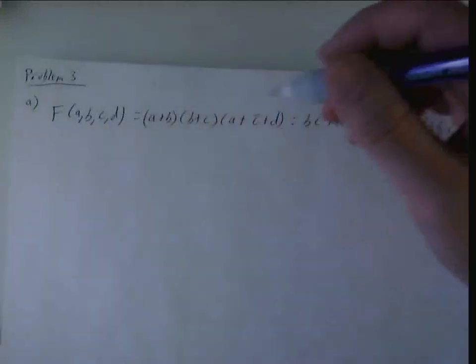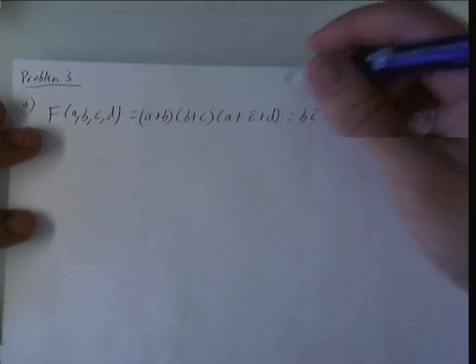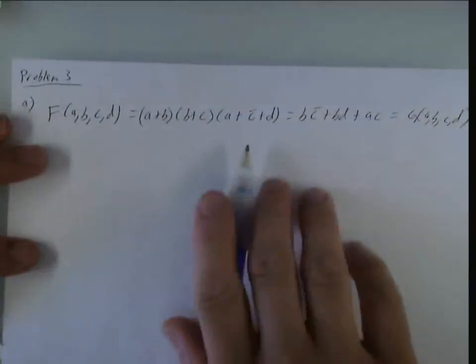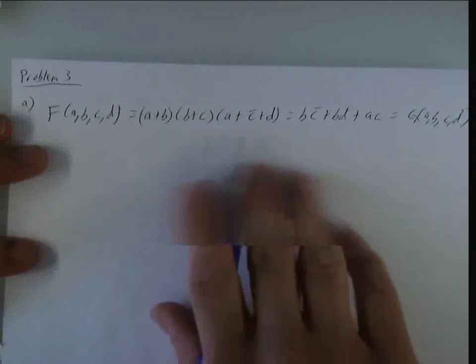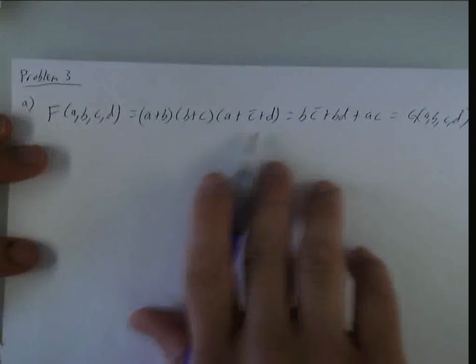Here I'm going to start by just trying to notice what variables are repeated multiple times, and which variables appear with their complements, like the C and the C bar. I'm going to keep an eye out for when I can use absorption or consensus with the C and the C bar.